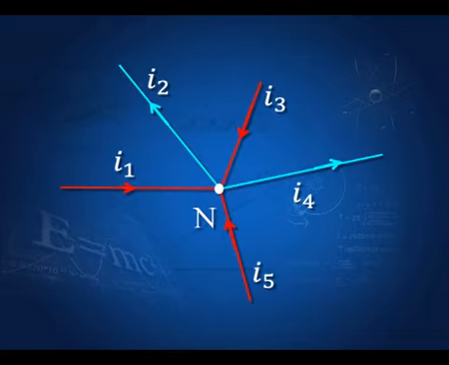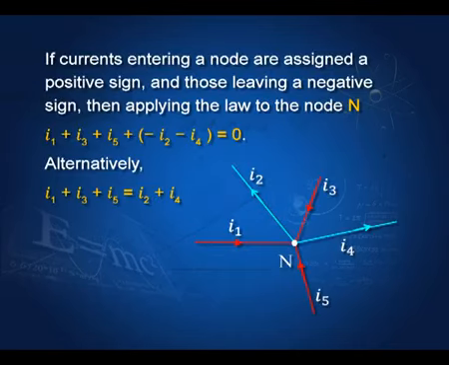If I give positive sign to the currents coming and negative sign to the currents leaving, then I have I1 plus I3 plus I5 minus I2 minus I4, or I1 plus I3 plus I5 is equal to I2 plus I4. That is, the sum of the currents leaving is equal to the sum of the currents arriving at that node. This is the first law of Kirchhoff.